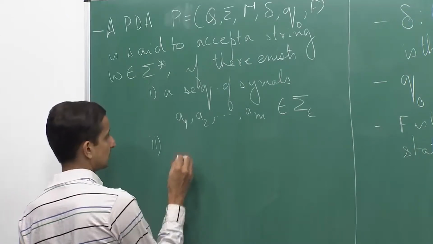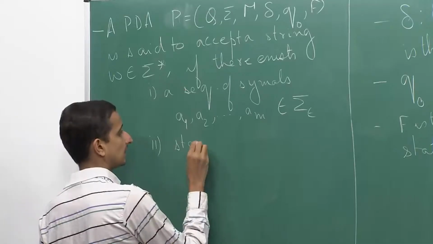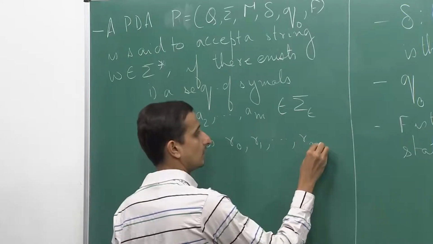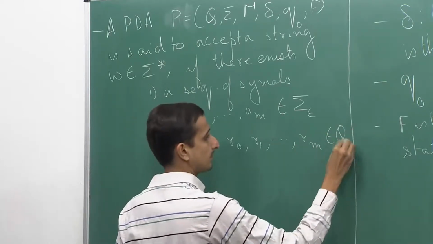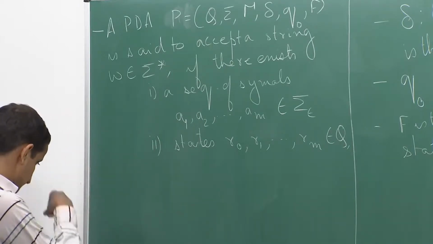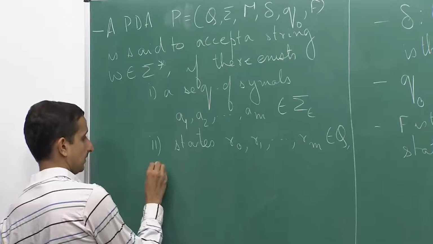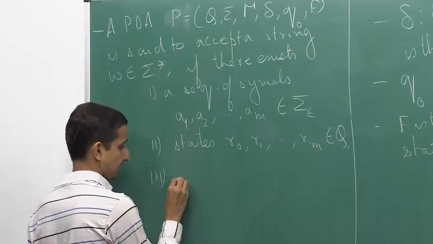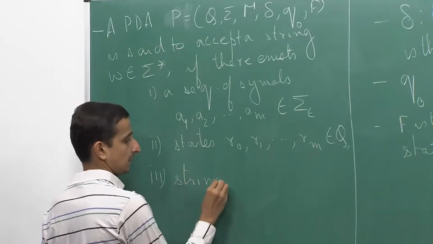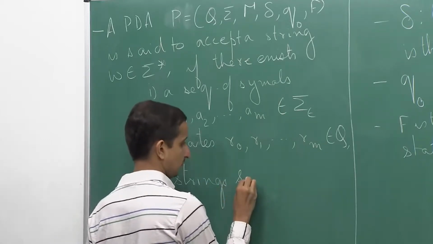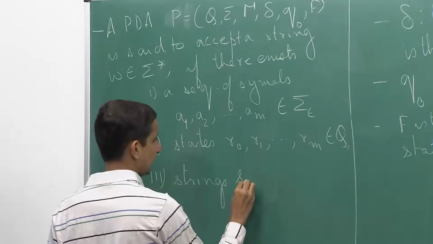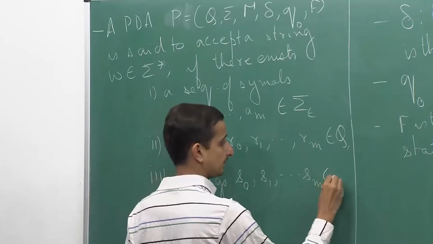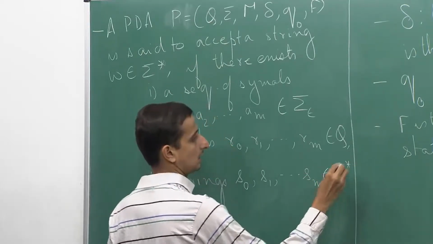There exist states r0, r1 through rm belonging to Q, and strings s0, s1 up to sm belonging to gamma star.